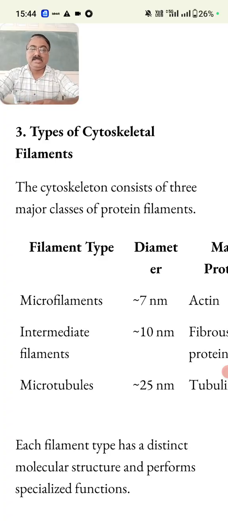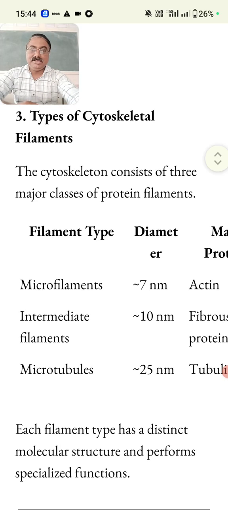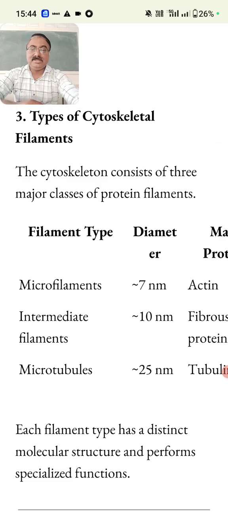The cytoskeleton consists of three major classes of protein filaments. First, microfilaments, second, intermediate filaments, and third, microtubules. If you see the diameter of these filaments, microfilament diameter is approximately 7 nanometer. Intermediate filaments, since their diameter is intermediate between microfilaments and microtubules, are called intermediate filaments.